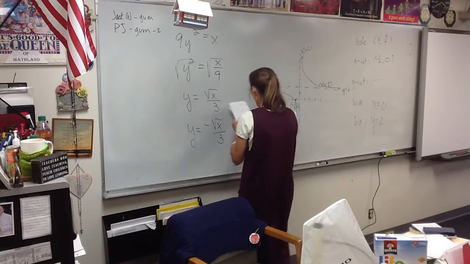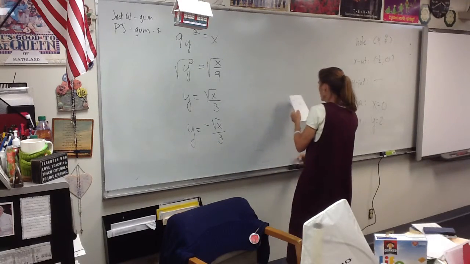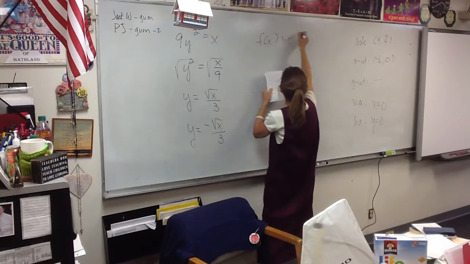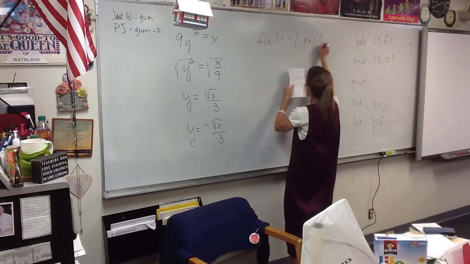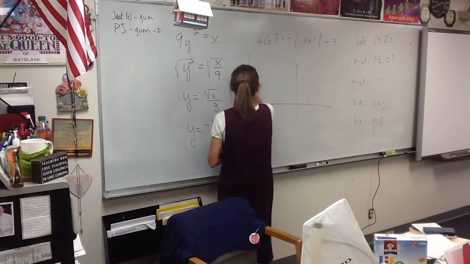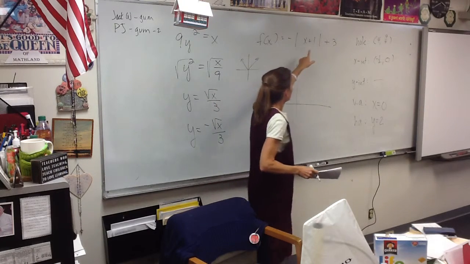Okay, now, we talked about this a minute ago, but this one has a little bit added twist to it. It's another absolute value, which means its shape is going to be a V. So the normal V looks like this. What have you done to this V?